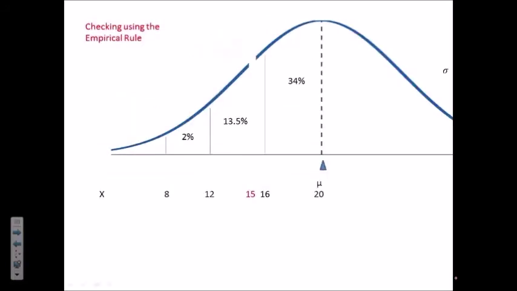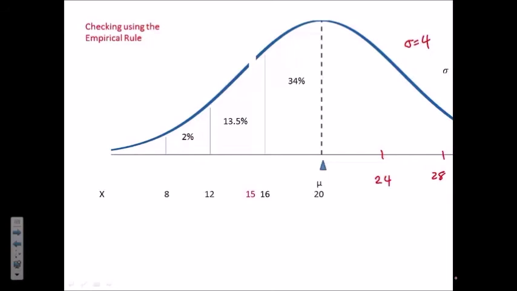We can check our answer in the following way. If we take our distribution, we know sigma was 4. So if we start at mu and go over 1 standard deviation would be 24, and 2 would be 28, and so on.